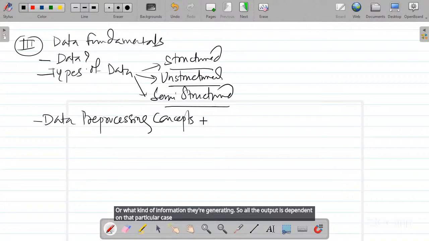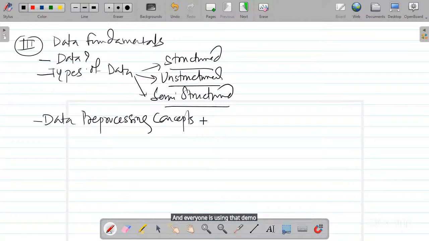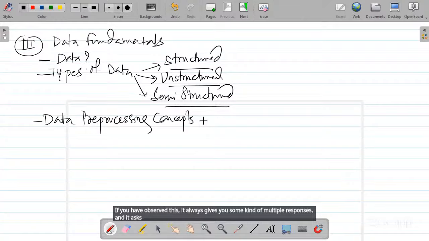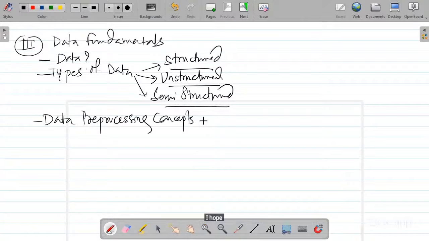Now in ChatGPT also, when we use it for personal use, and everyone is using the demo account, some might have subscriptions also, better models also. When you generate something through that GPT model, if you have observed, it always gives you multiple responses and asks which response you prefer. I hope everyone has gone through this process.